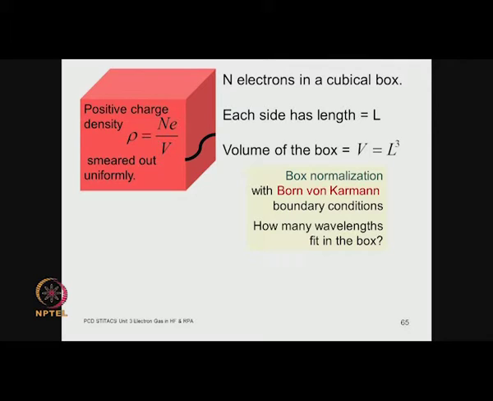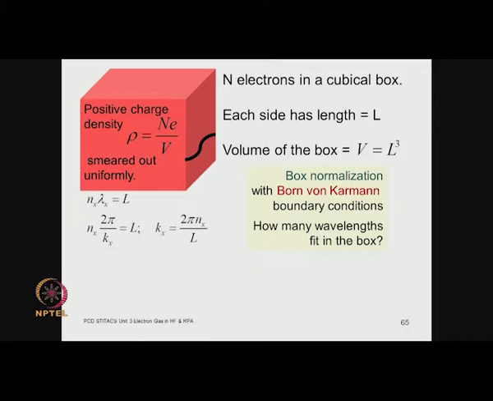What we have done, and this is with reference to the discussion in the previous class, we have done a box normalization of the free particle free electron waves. So, that is the kind of normalization we have done. We estimated the number of wavelengths that will fit in a box, and we get a quantization condition.